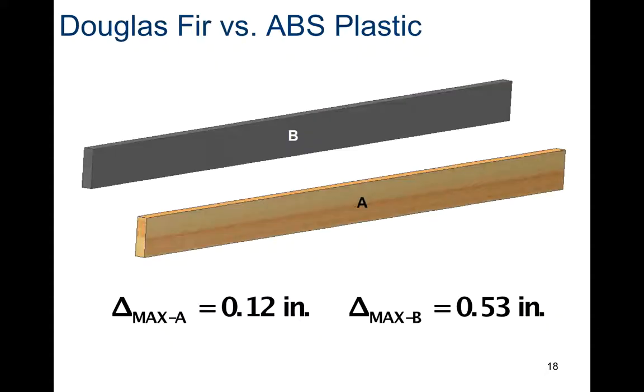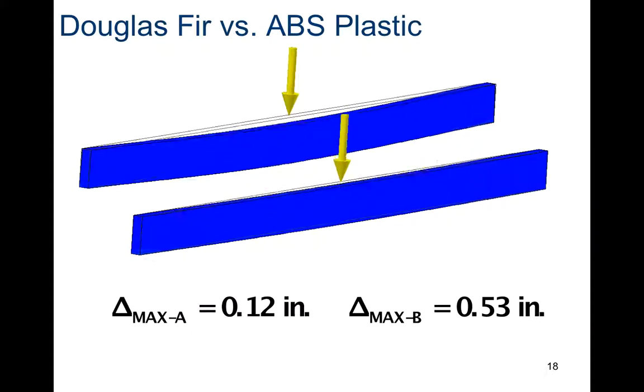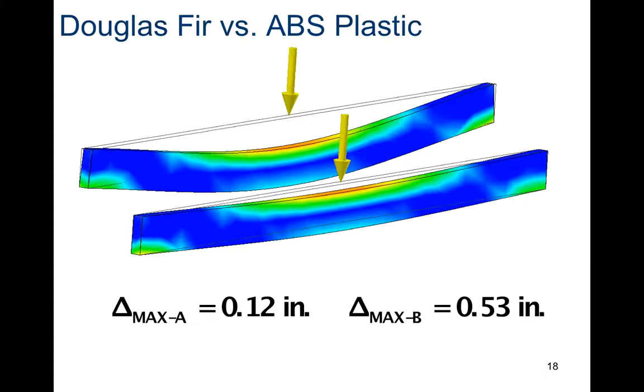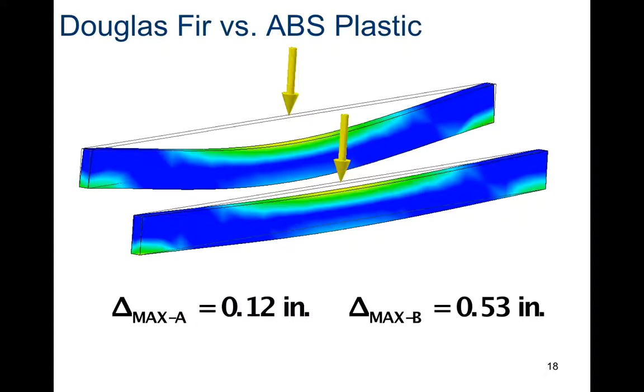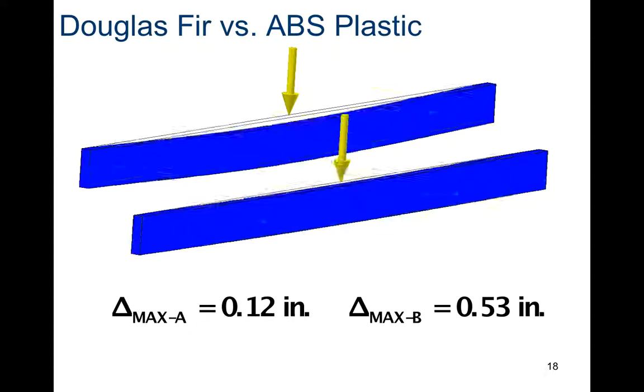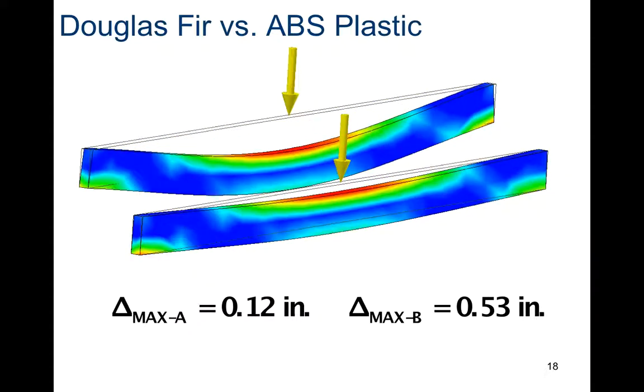You can then compare the ABS plastic to the Douglas fir and see that we get a much higher deflection with the ABS plastic. That is definitely a dramatic GIF, really exaggerated, but you get the idea.